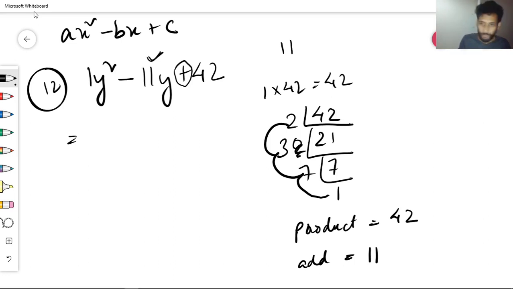So if I see here, we need addition of 2 numbers such that it is 11.